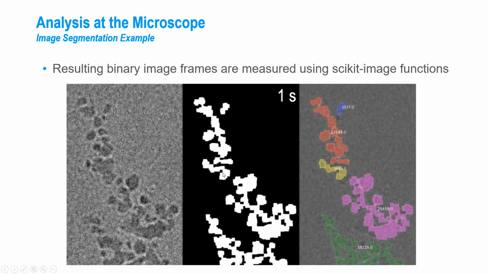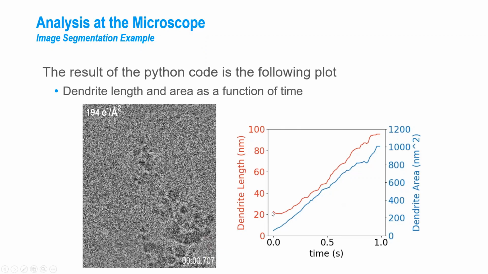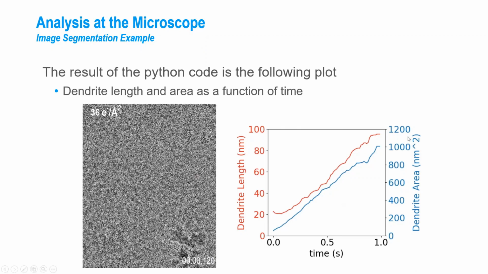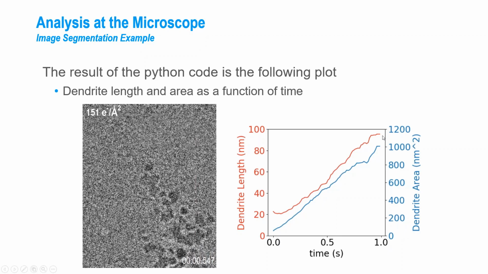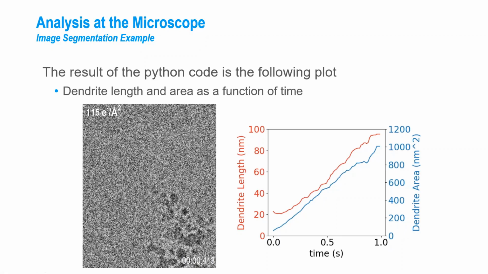After that, once I have something that's binary, it's very easy to measure that using functions that are in the scikit-image package for Python. And then once I can measure one frame, it's very easy to measure every frame in the video and produce a nice plot like this one.